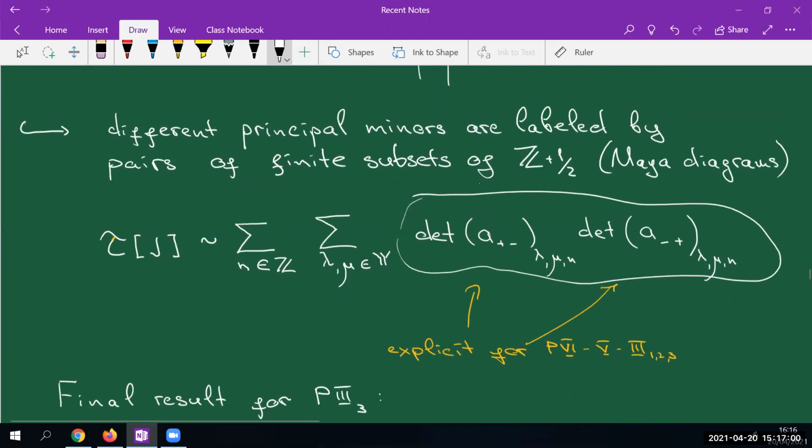So let me. Is this just Cauchy-Binet? Maybe yes. Yes, I think it should be Cauchy-Binet, although, well, maybe I can confirm it later.